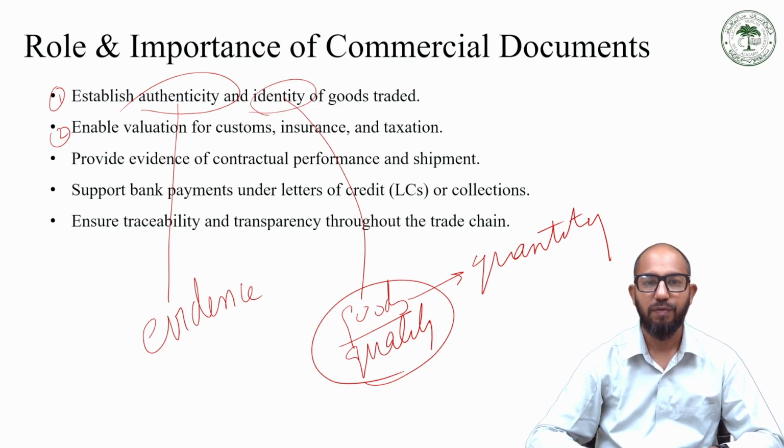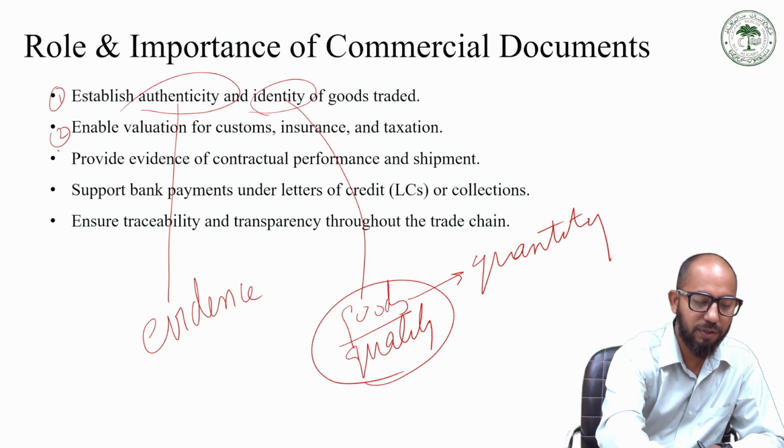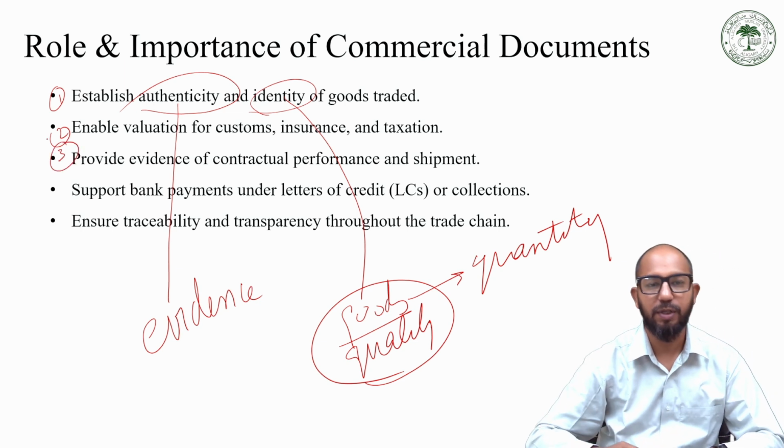And only when value of goods is known, then the taxation can be calculated. Thus, all other things such as customs calculation, insurance calculation, and taxation calculation are only possible with the help of commercial documents.